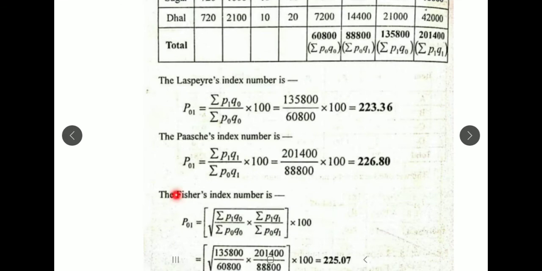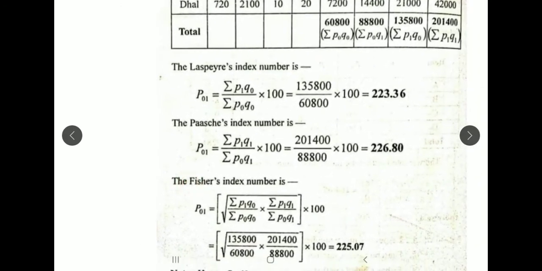Next, let's go to Fisher's index number. Here you have to multiply these two things. P1 Q0 divided by P0 Q0, you got from here, and P1 Q1 divided by P0 Q1, you got from here. Multiply these two and take the root of it, root of the multiplication of these two, into 100.